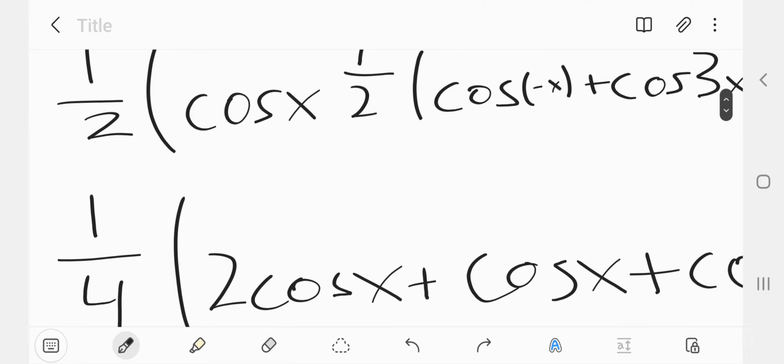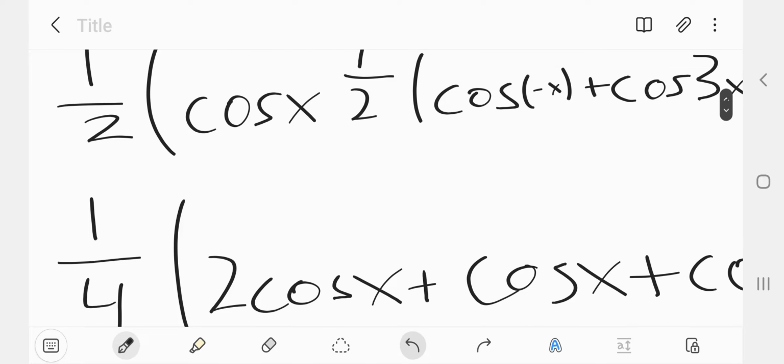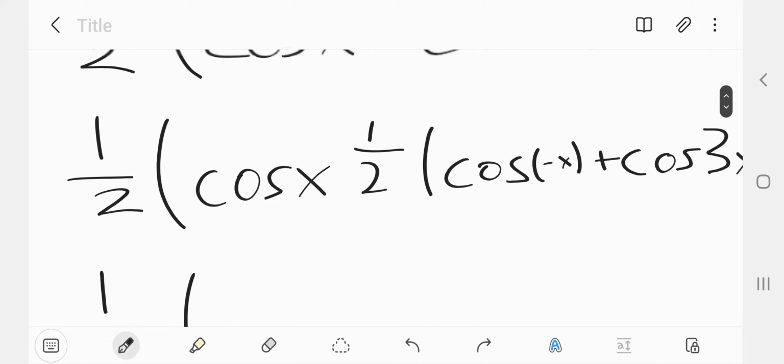But if you notice, this went from cosine x to 2 cosine x. And why? Because originally at the top, it was cosine x over 2. When we factored out that 2, that's still cosine x over 2 if you were to multiply it back out. But if you were to leave this as cosine x, then it would be cosine x over 4, which is wrong.